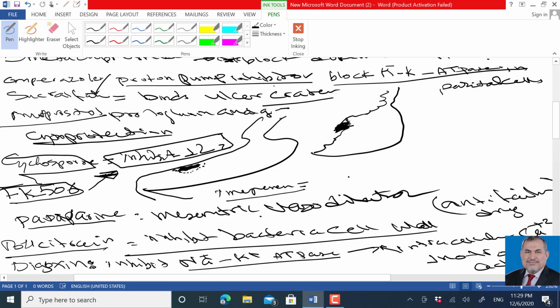Penicillin binding proteins in the cell wall. Imipenem binds to these penicillin binding proteins and results in destruction of the cell wall. This is the action of imipenem. Okay.